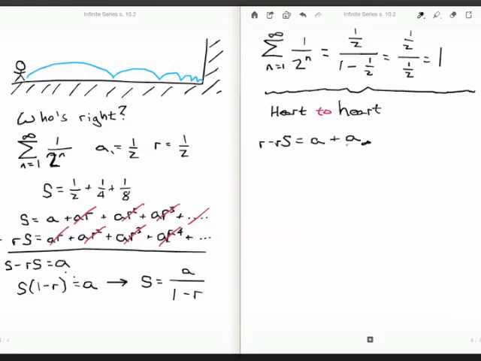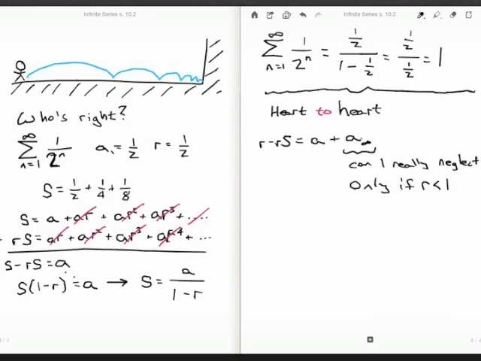So when can I say that I can neglect this? So the question is, with this term, can I really neglect this last term? And I can say only if R is less than 1.